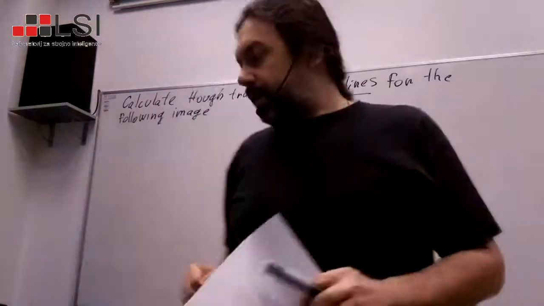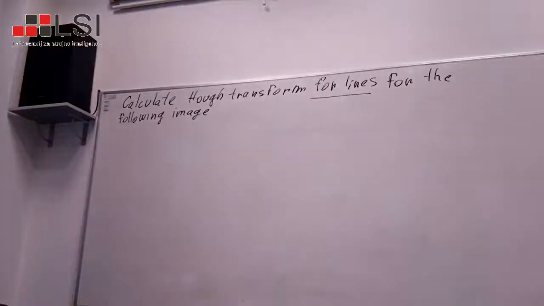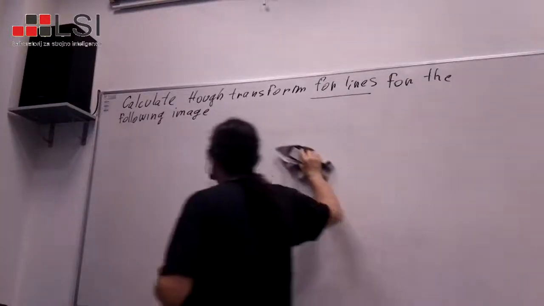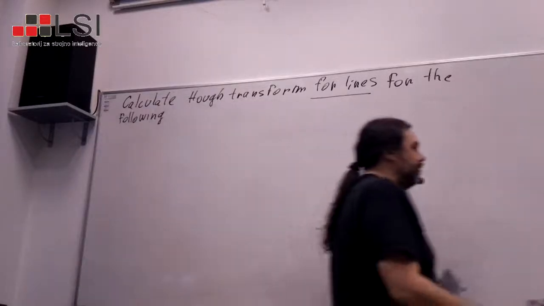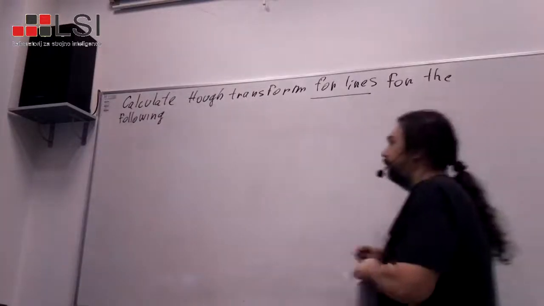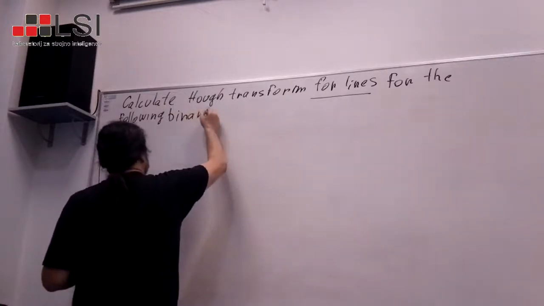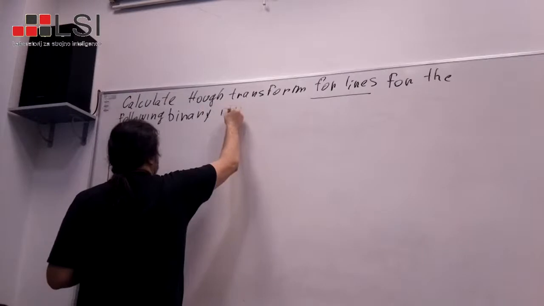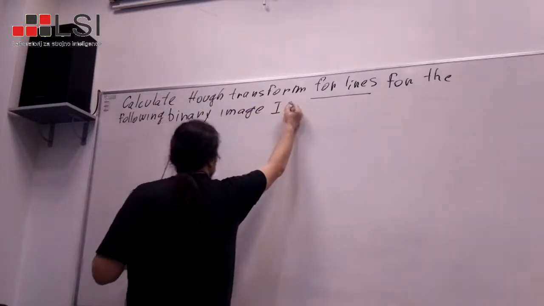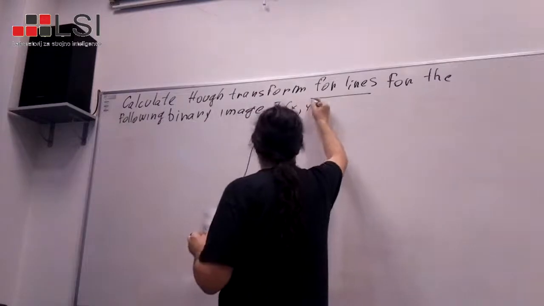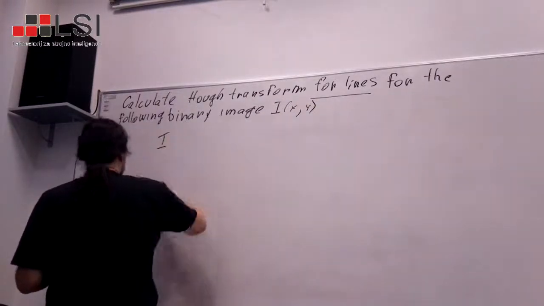We'll clearly say that this is a binary image, so there won't be any misunderstanding. So this is binary image I.